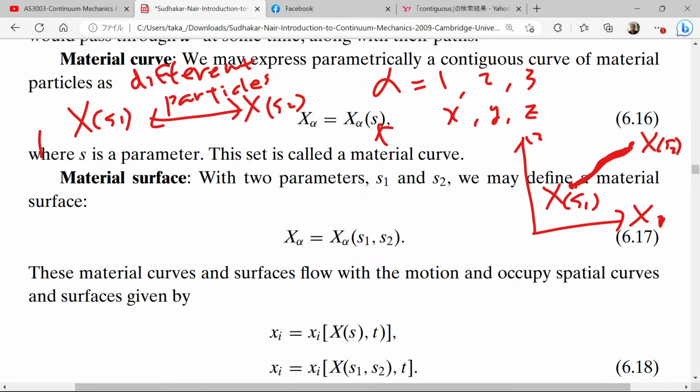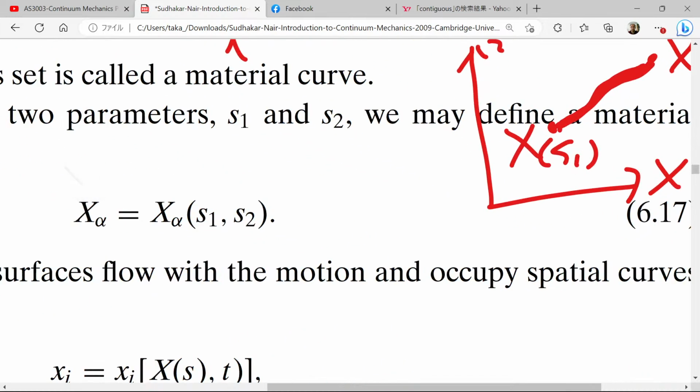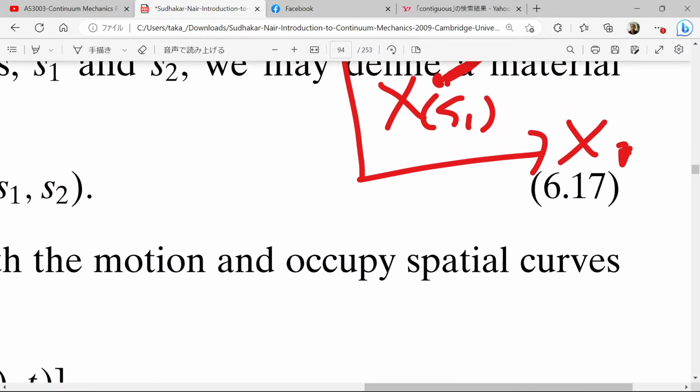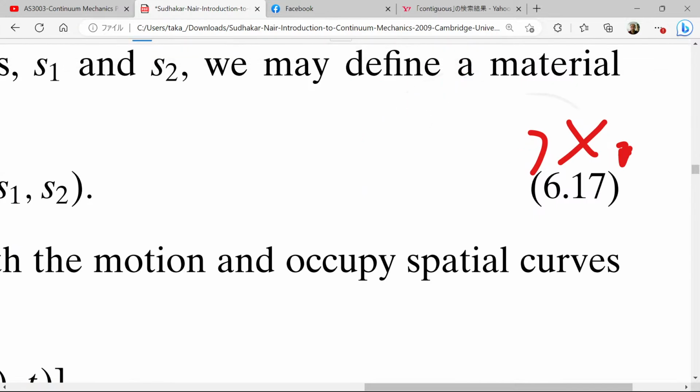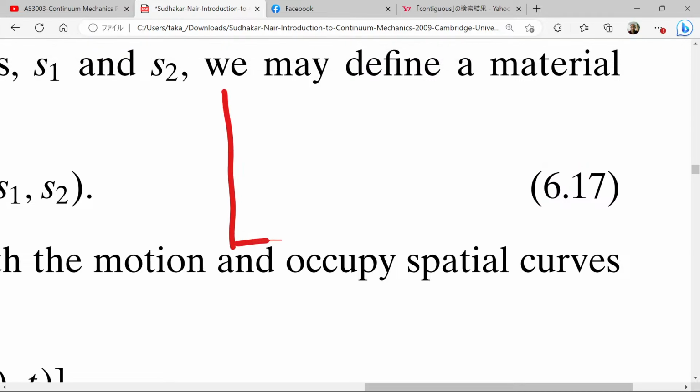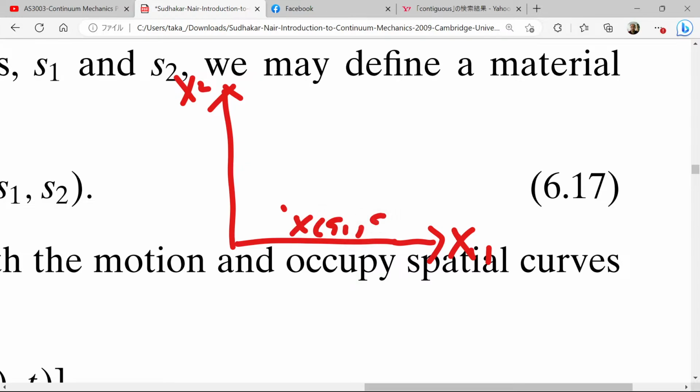You have a material coordinate x1 and x2, then you have x s1 s2.